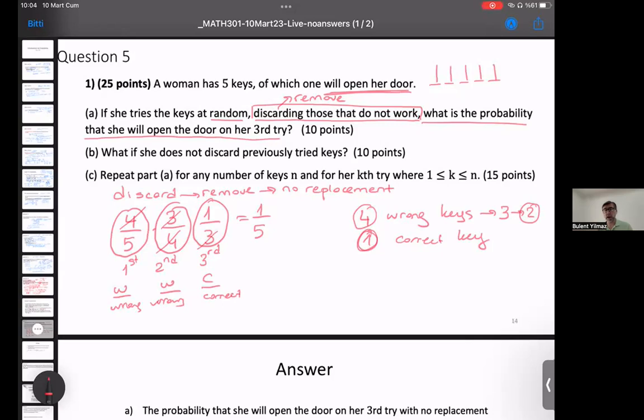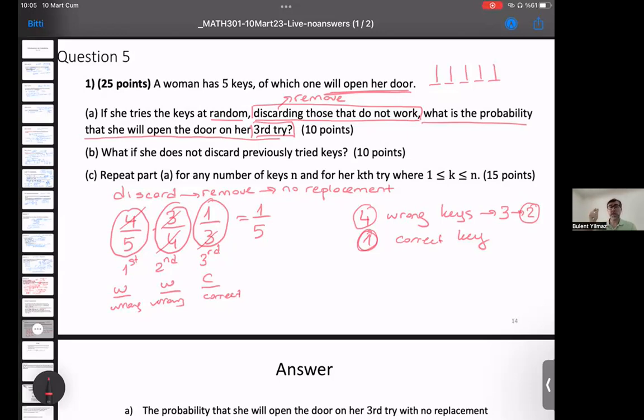Okay. Azime Dilek says, Hocam, can't we just say one of the keys is true? But it's not the question, Azime Dilek. You have to be careful. The question is about the third try.